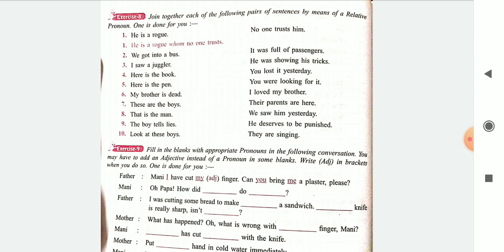Myself, itself, yourself, themselves. If it is plural, it will become themselves. And if it is singular, it will become herself or himself. I hope you understand. The babies hit themselves. Themselves.